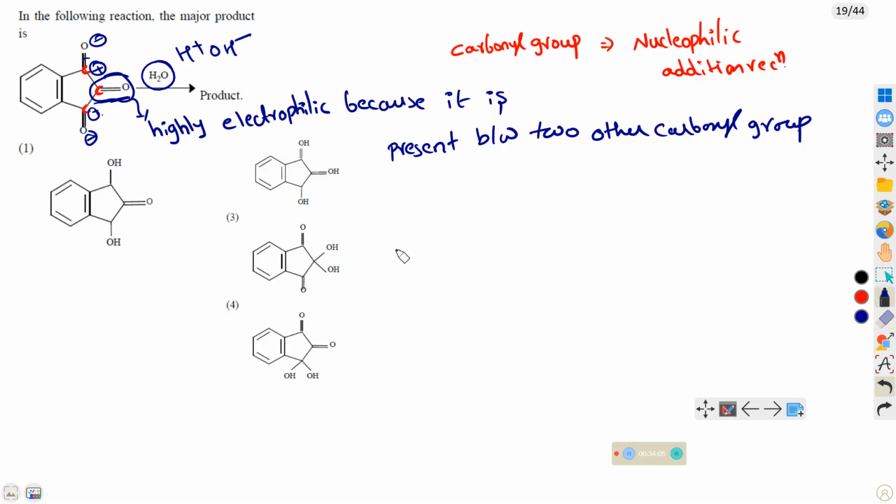Then you will get C(OH)(OH) with C=O: two OH groups on the same carbon atom.